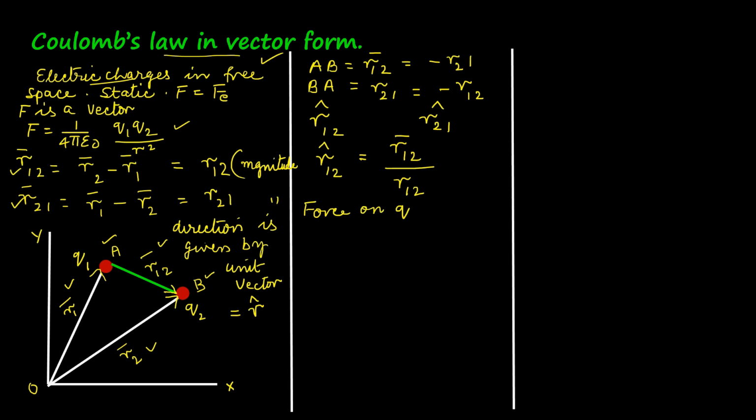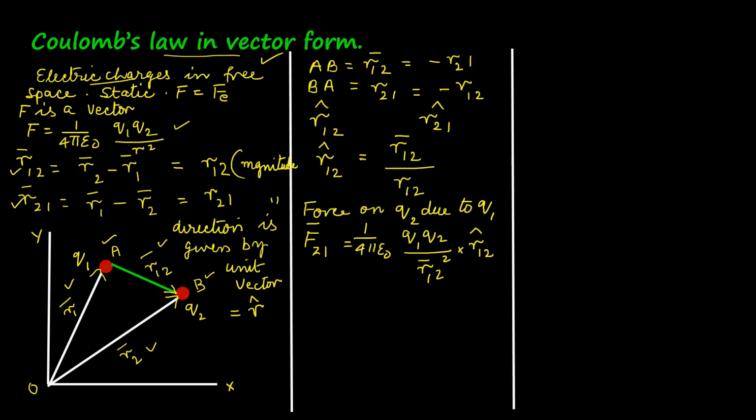Consider the force on Q2 due to Q1. It can be represented as F21, that is force on 2 due to 1, is equal to 1 by 4 pi epsilon naught Q1 Q2 by R12 square. When we represent that in vector form, the whole equation has to be multiplied by R12 cap, that is the direction of the force.